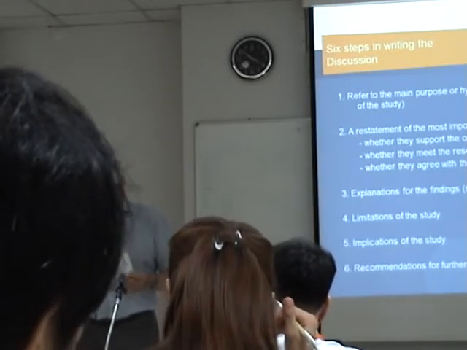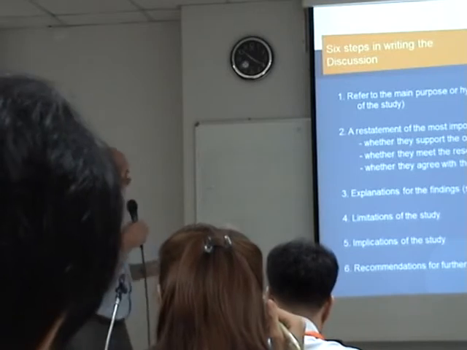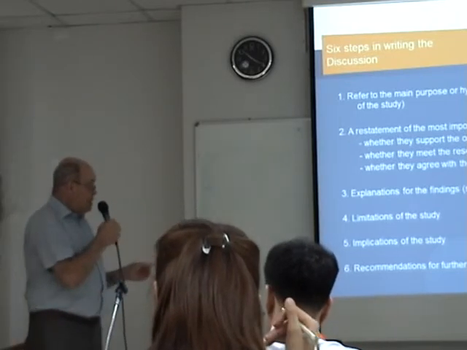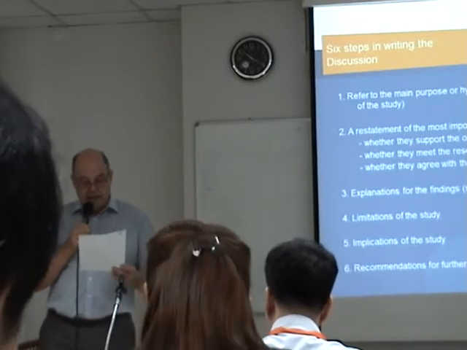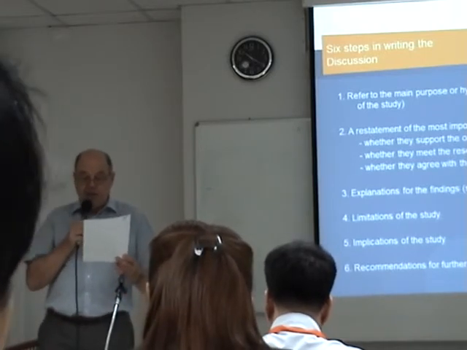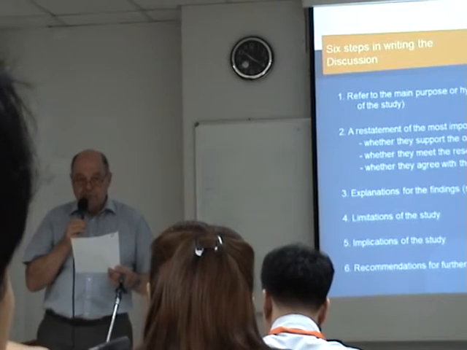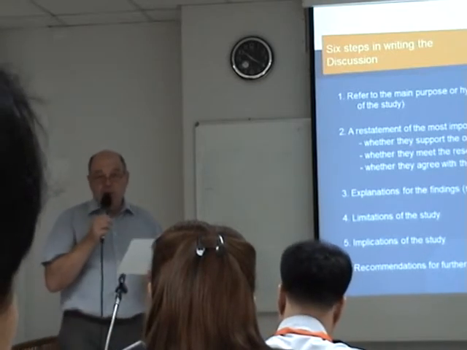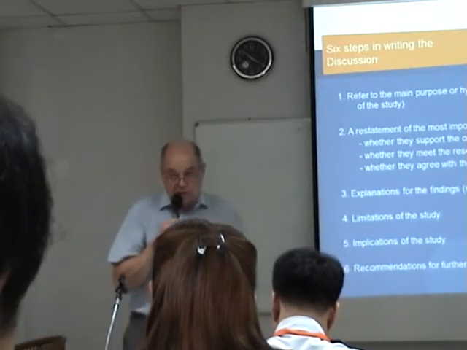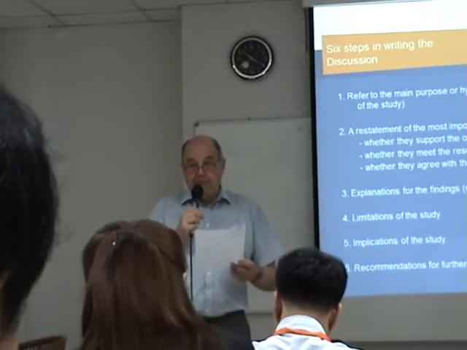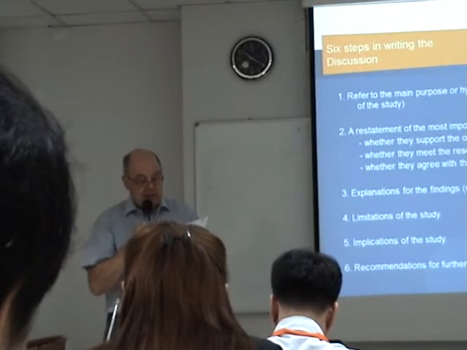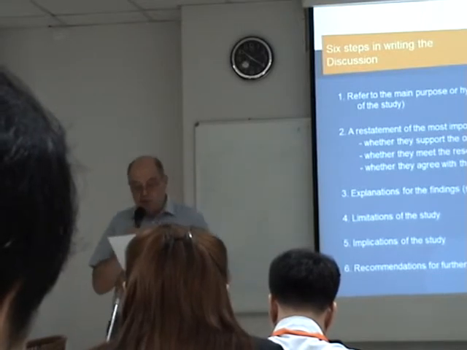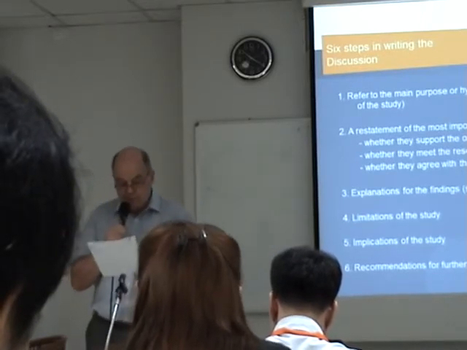Then you will notice that 2 and 3, a statement of the important findings and an explanation of the findings, alternate all the way through that page. Probably with the most important findings first. The big findings first, and then the smaller findings subsequently through the different paragraphs.